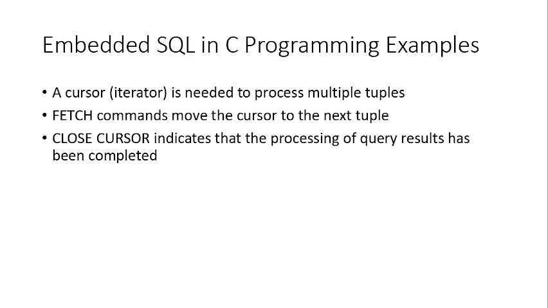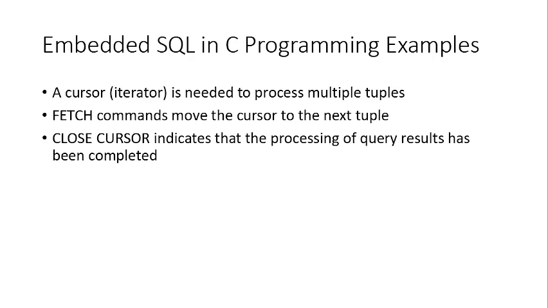And later in the program, an open cursor command fetches the query result from the database and sets the cursor to a position before the first row in the result of the query, and this becomes the current row for the cursor.